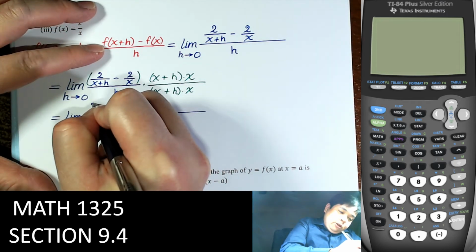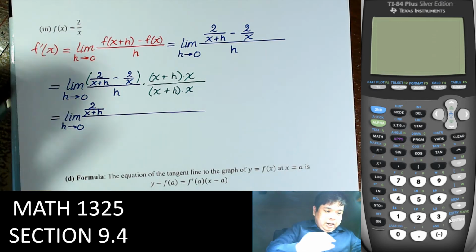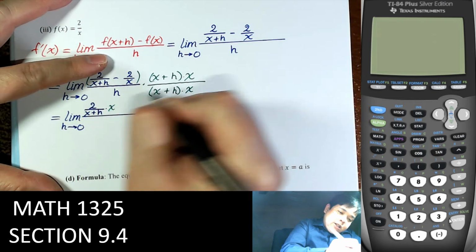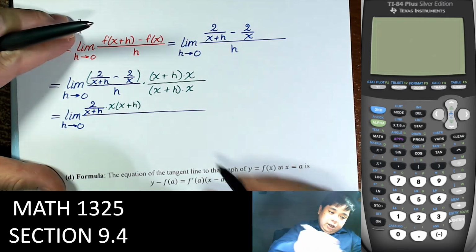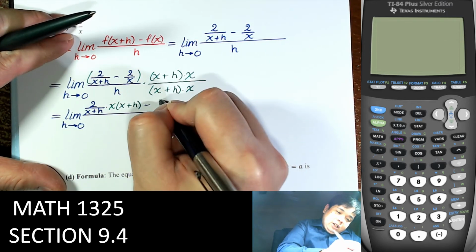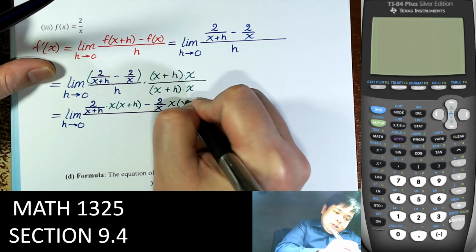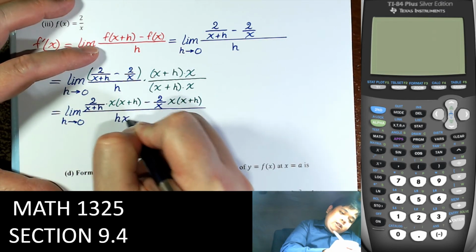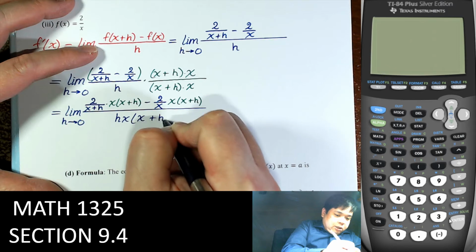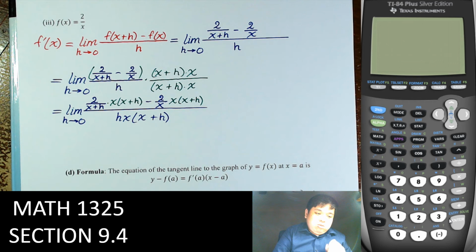We have 2 times x plus h, and then multiply x and x plus h. Distribute to everything. 2 over x, then we have x plus h, and at the bottom we have h times x plus h. Once again, we need to cancel out the h at the bottom, so do not multiply it out. Just simplify the top.